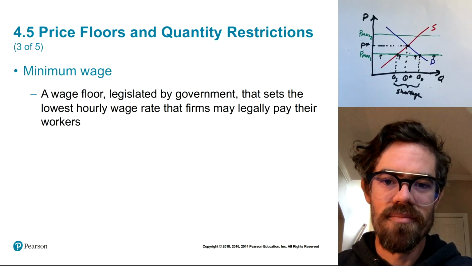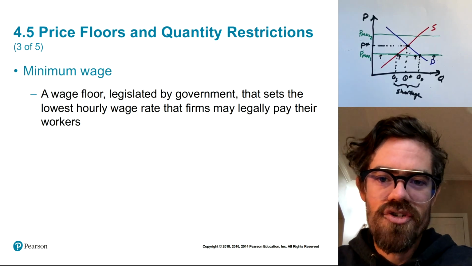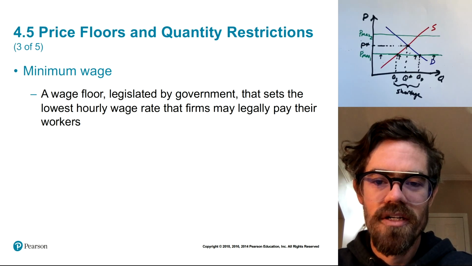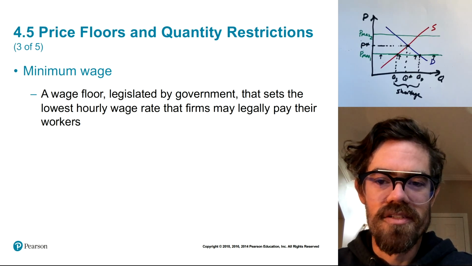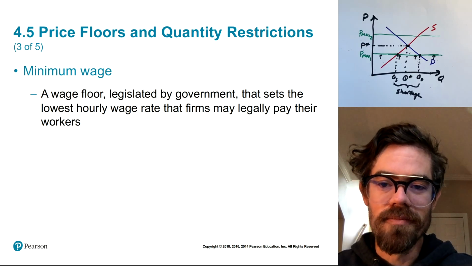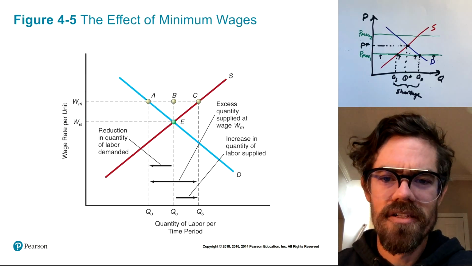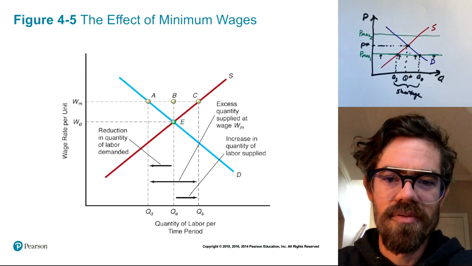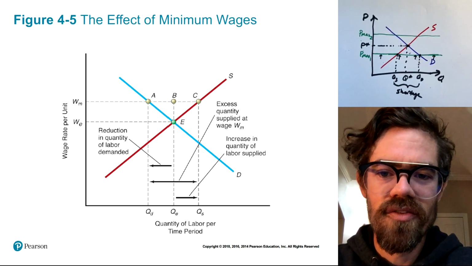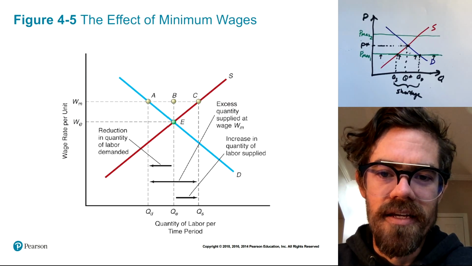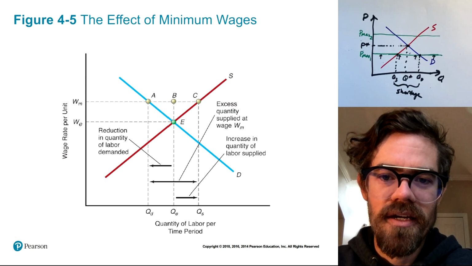Okay, so another example of a price floor is minimum wage. Hopefully you're familiar with minimum wage, but this is a price floor for labor. So let's think about that. Here we've got the supply of labor and demand for labor, an equilibrium wage, WE, and the minimum wage, WM.